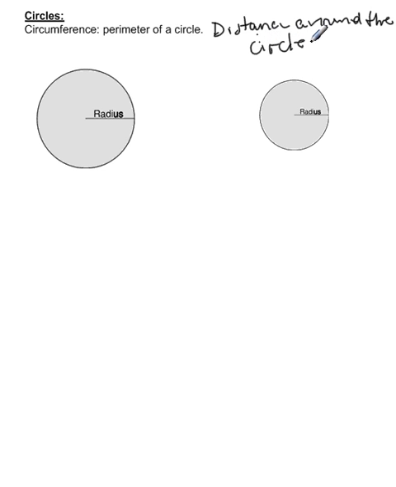Okay, so that being known, we have 2 formulas for circumference. Our circumference can either be pi times your diameter, or it can be 2 times pi times r. Well, we know what r is because it's already marked on here. It's the radius. Okay, but the diameter, if you'll remember, it goes all the way across.